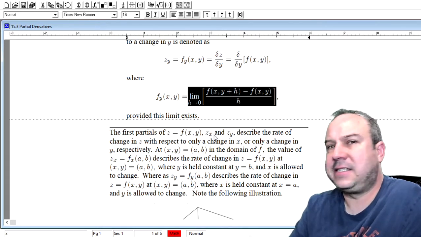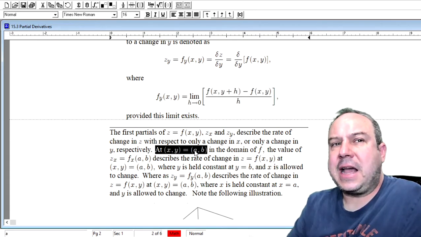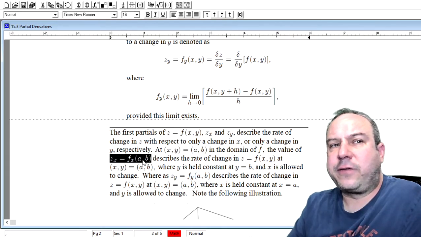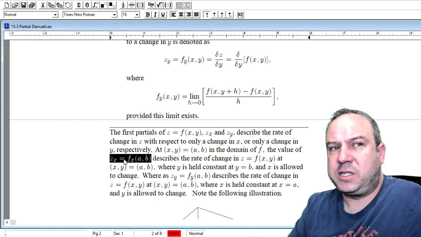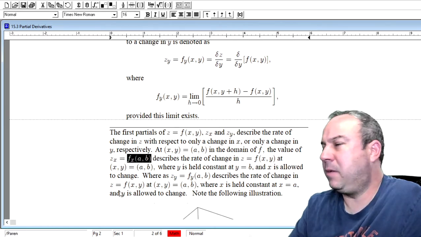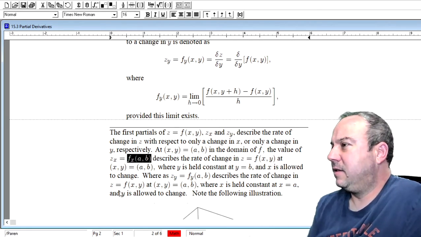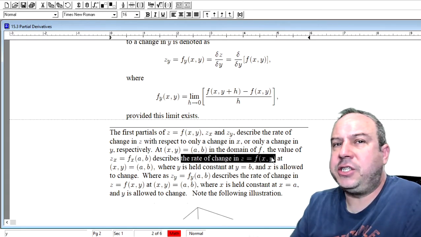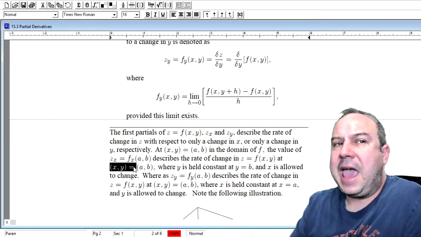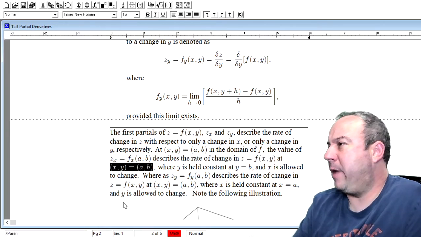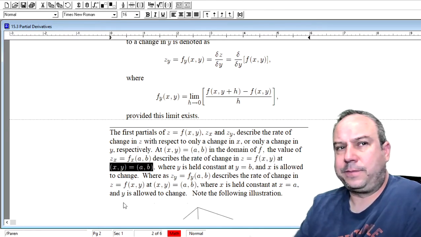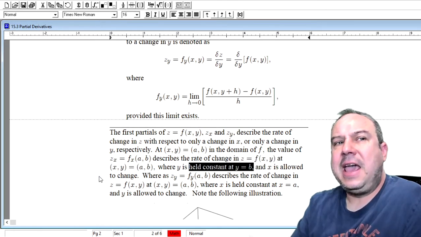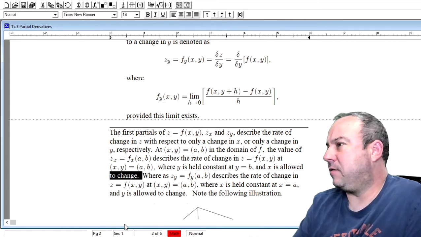X is held constant. At x comma y equal to a comma b in the domain of f, the value of the first partial of z with respect to x at a comma b, f's first partial of x with respect to x at a comma b, describes the rate of change in z equal to f of x y at that coordinate in the domain a comma b, where y is held constant at b and x is going to be allowed to change.